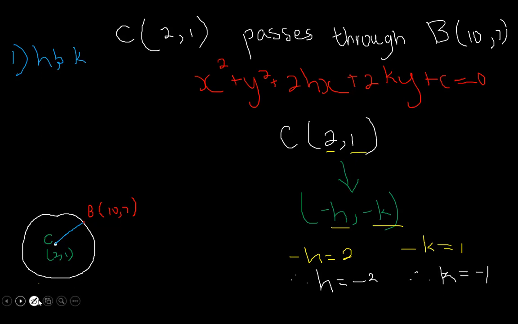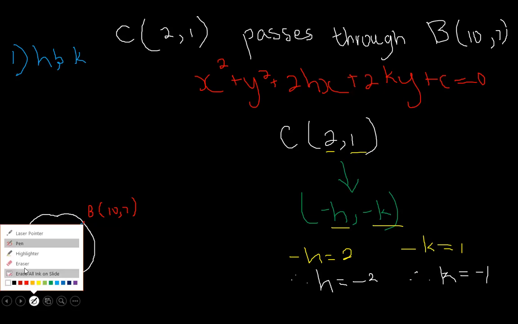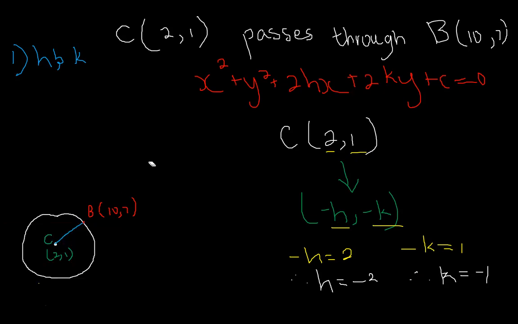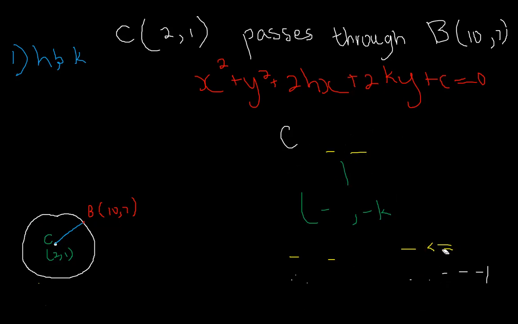I didn't do an example like this, but using what you already know, we could figure it out. So now we know that H is -2 and K is -1.